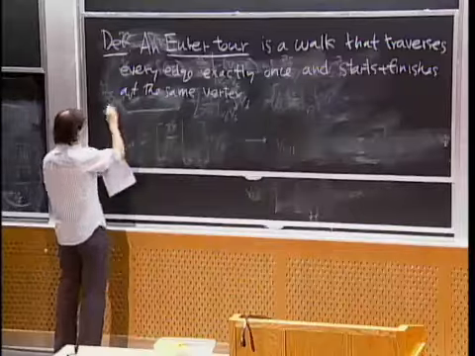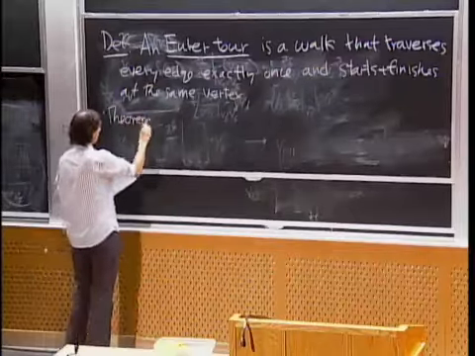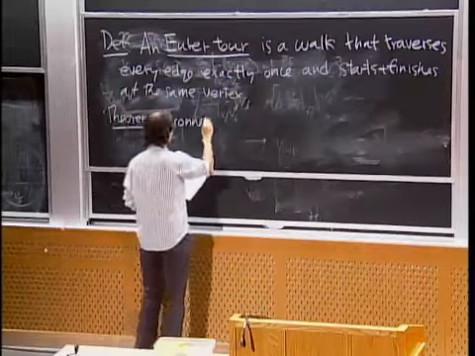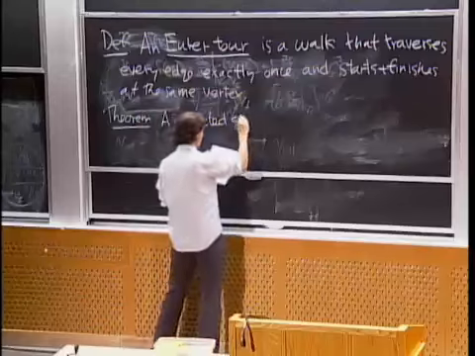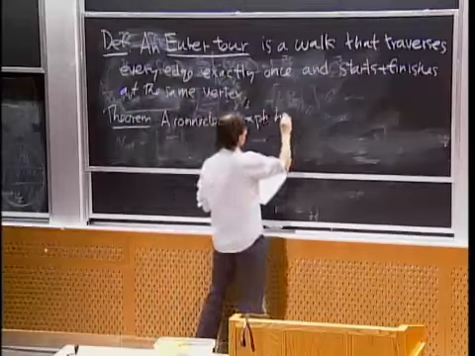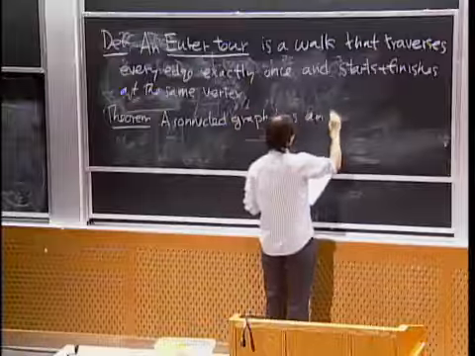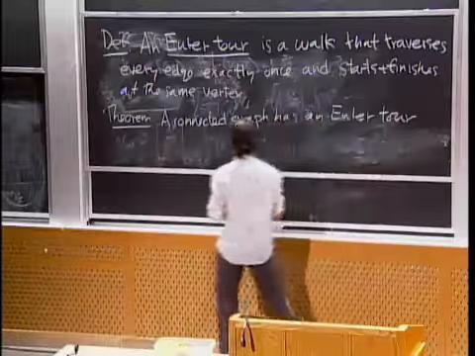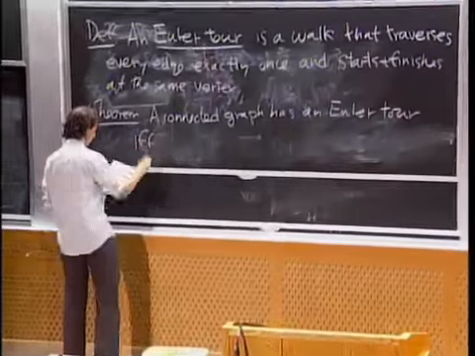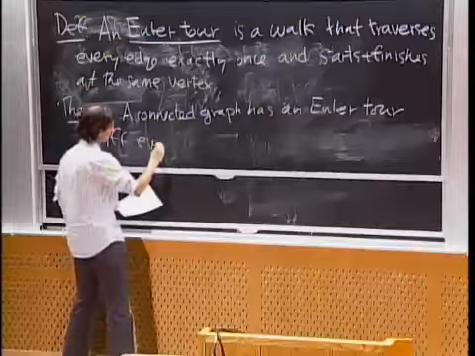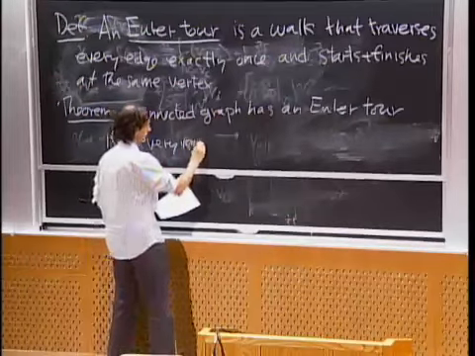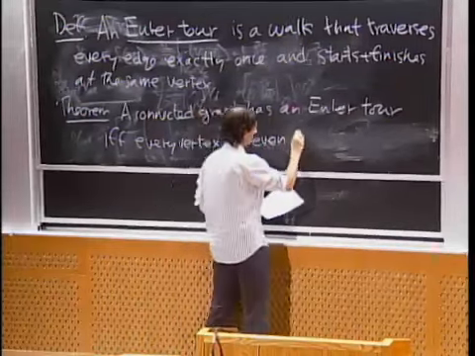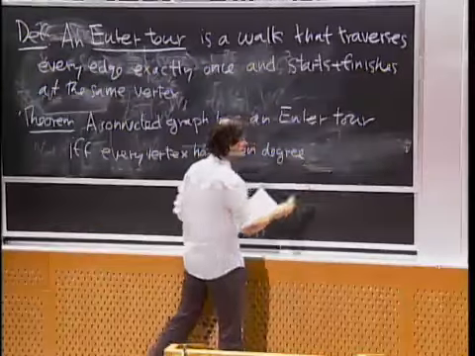The theorem states that a connected graph has an Euler Tour if and only if every vertex of the graph has even degree. So that's a very nice and simple and straightforward characterization.